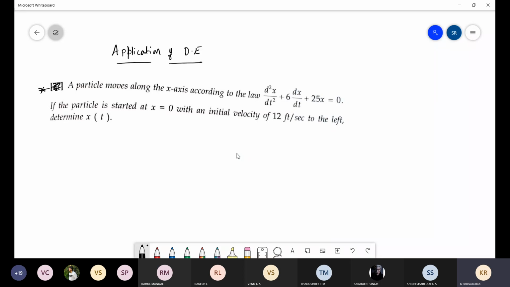Actually, instead of dy by dx, now the problem is in terms of x and t, dx by dt.